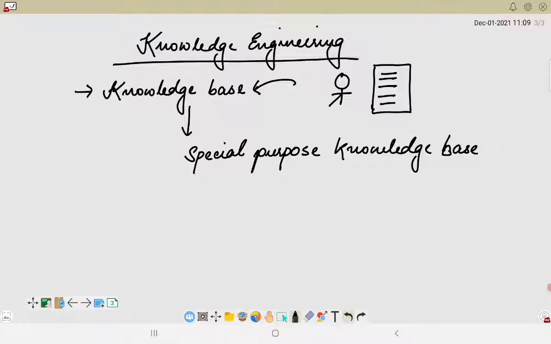If we are considering the domain which involves electronic circuits, design of electronic circuits, then experimentation on it, the outcome of it, that is very specific to electronic circuits.